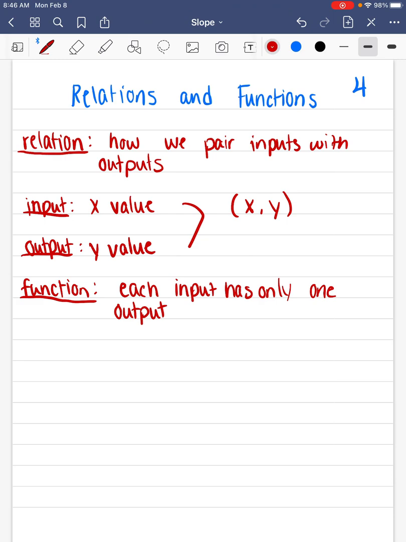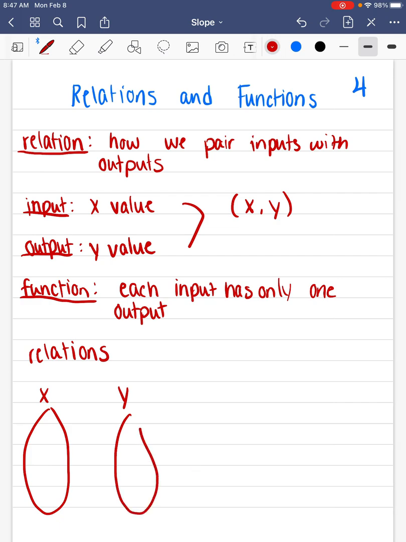So some relations. First of all, we have this thing called a mapping where we have all of our X values in a little circle, all of our Y values in a little circle, and then we show how they're each paired.